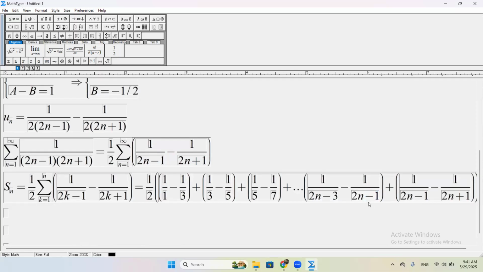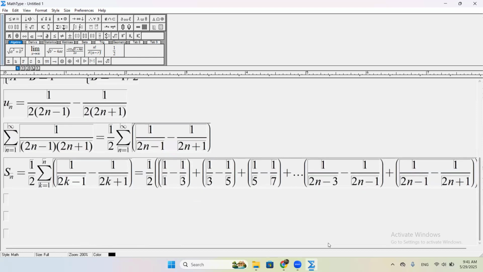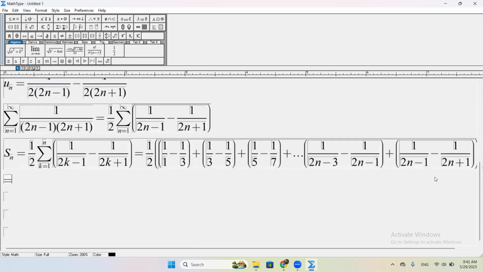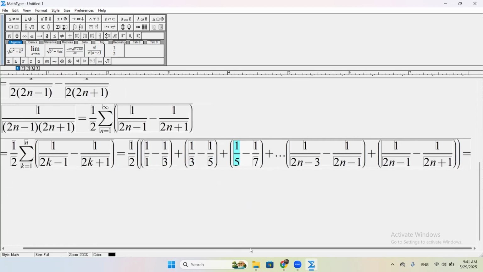So actually, what can we see here? That some members are eliminated. How are they eliminated? Minus 1 over 3, plus 1 over 3, minus 1 over 5, plus 1 over 5, and so on. So here, minus 1 over 2n minus 1 plus 1 over 2n minus 1.